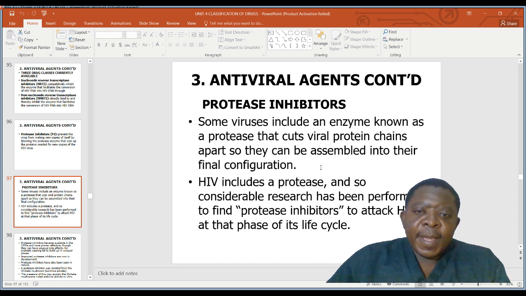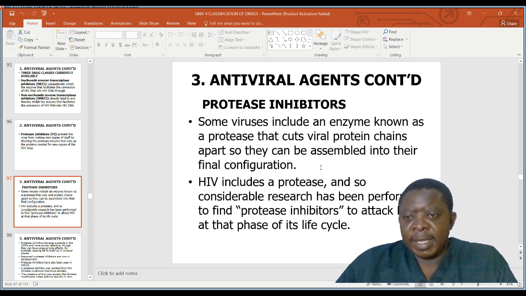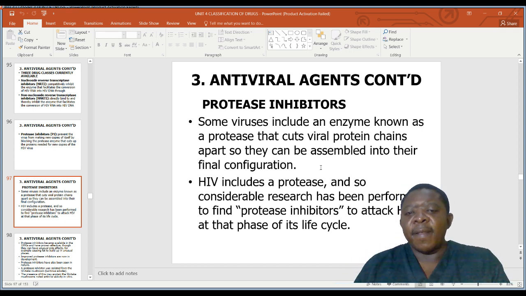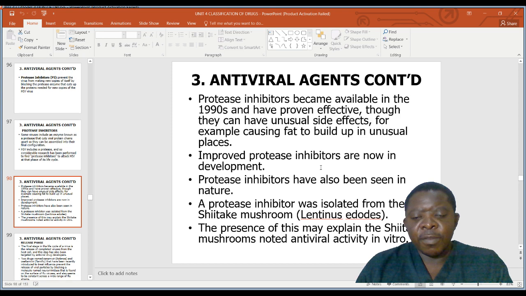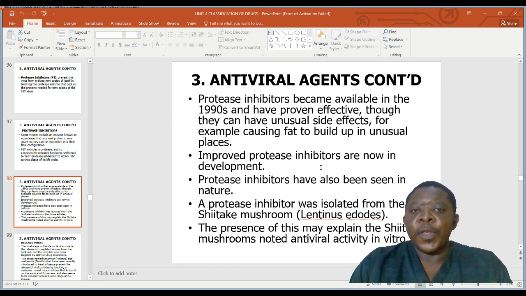HIV includes a protease, and so considerable research has been performed to find protease inhibitors to attack HIV at that phase of its life cycle. Protease inhibitors became available in the 1990s and have proven effective, though they can have unusual side effects, for example, causing fat to build up in unusual places.